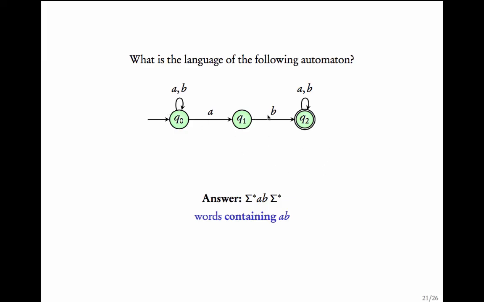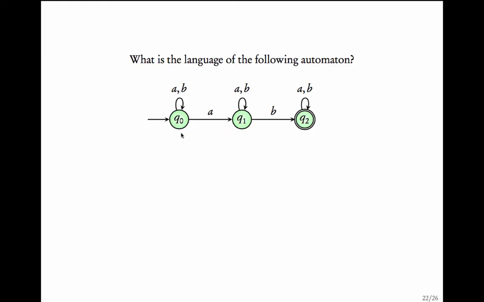A could be a representative for, say, red light, and then B could be a representative for yellow light, and so on. Anyway, as of now, we are looking at it in an abstract sense, where A and B is a generic alphabet, and this automaton will give us words containing AB. Now, I have modified slightly. I have added a loop in Q1 as well.